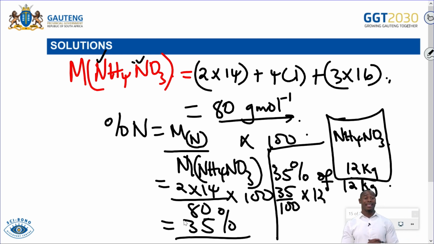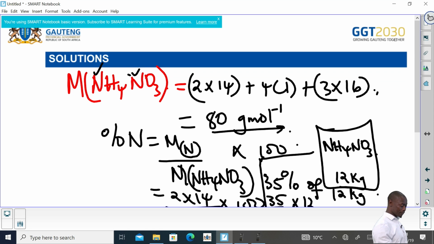Okay? Then we'll get the actual mass of nitrogen in 12 kilograms of that fertilizer, right? Then 35 divided by 100 multiplied by 12. So 35 divided by 100 is 0.35. So it's 0.35 times 12.